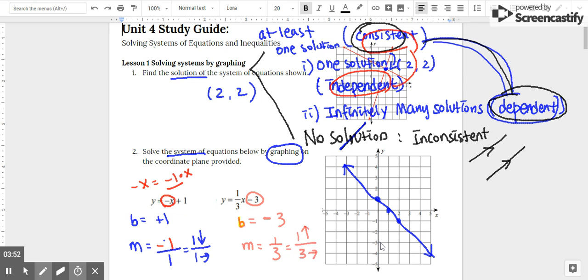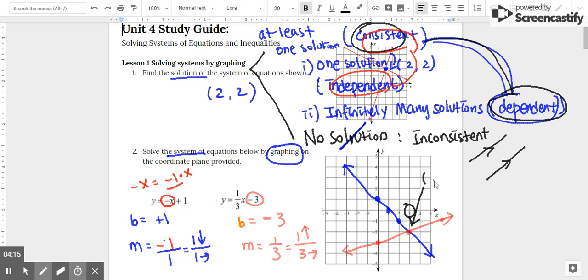So you start from -3 on the y-axis and go 1 up, 3 to the right, 1 up, 3 to the right. If you connect the dots, it will look like this. Double check with your graphing calculator.